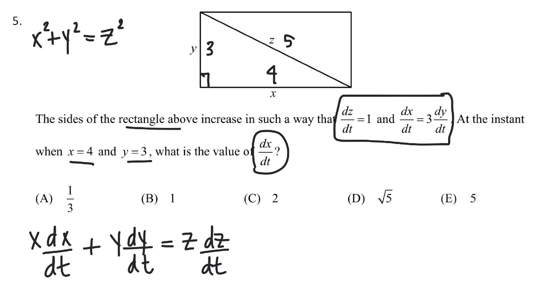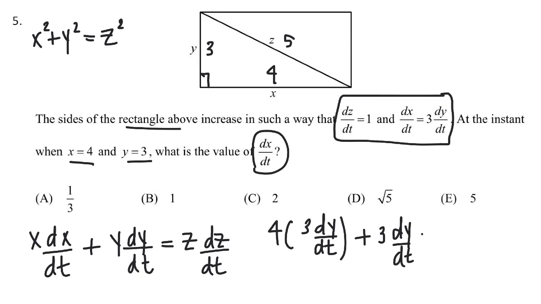And now I'm ready pretty much to plug in the information that I have. And so let's see, x we know is 4 times dx/dt, which all we know about that is that it's 3 dy/dt, plus y, which is 3 times dy/dt, we don't know much about that, equals, and we know z is 5, and we know dz/dt right there is 1, so that's all equal to 5.